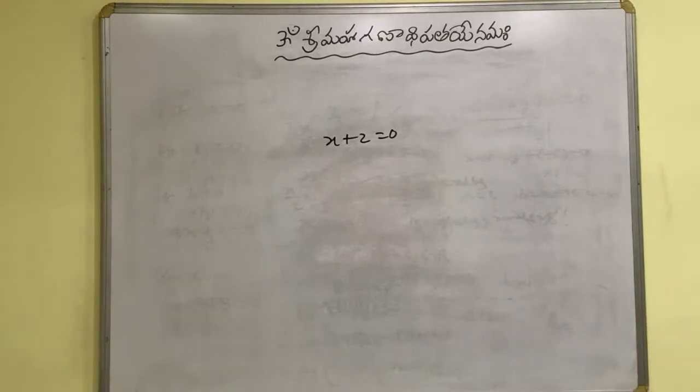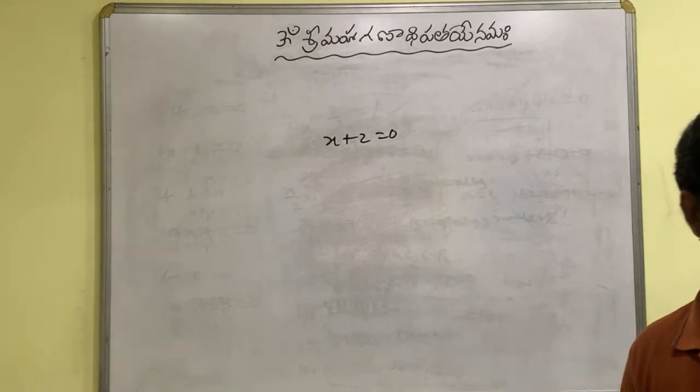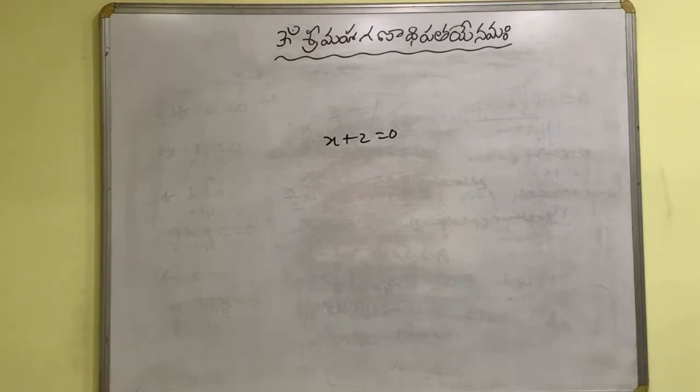Convert it into the general form and write the ABC values. Lohit Babu, correct. But no, wrong.